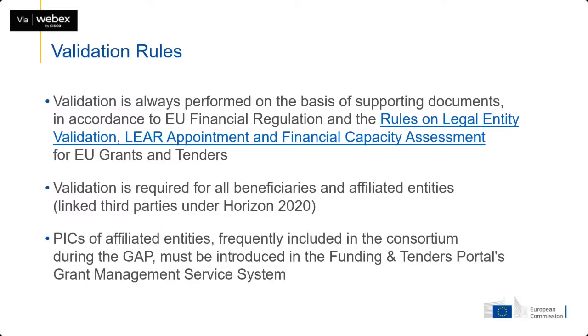The validation is required for all beneficiaries and affiliated entities, or under Horizon 2020, they are called linked third parties. The PICs of the affiliated entities, frequently included in the consortium during the grant preparation, must be introduced in the Funding and Tenders Portal Grant Management Service system.